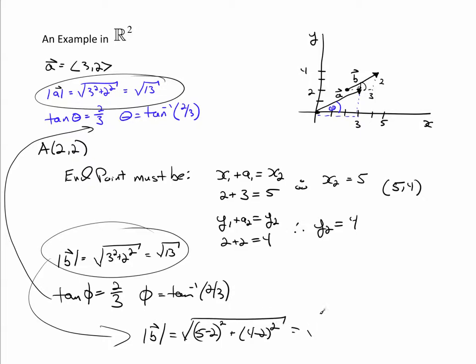And that is in fact the square root of 3 squared plus 2 squared, as I did up here, which is obviously root 13. So I moved this vector, and the magnitude and the direction stay the same, so these are actually equivalent vectors.